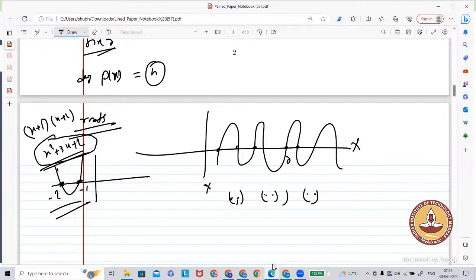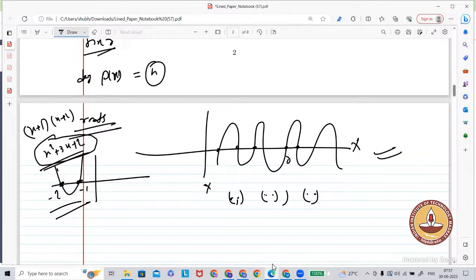If the polynomial has degree n, then it has at most n roots, which means it could be fewer than that, different roots. The multiplicity you can also think about. We still remain to talk about the multiplicity. We'll discuss that.